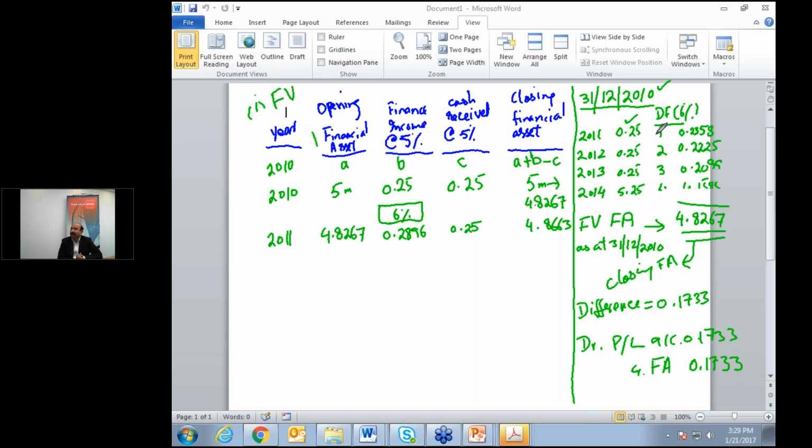That's why when we calculated the fair value, this fair value is lower than the carrying value of this asset, which is 4.8267, because it is offering only 5%, whereas the market has moved to 6%. You are very right.